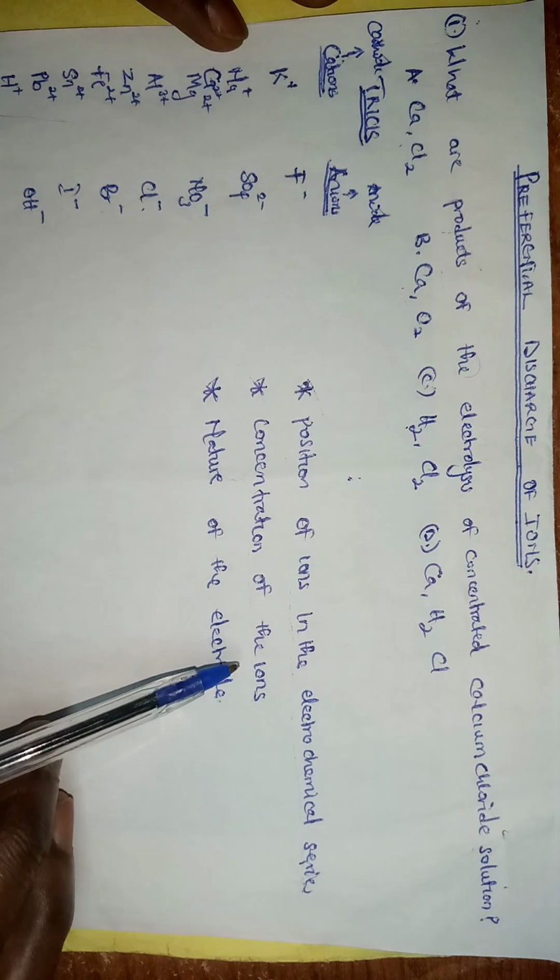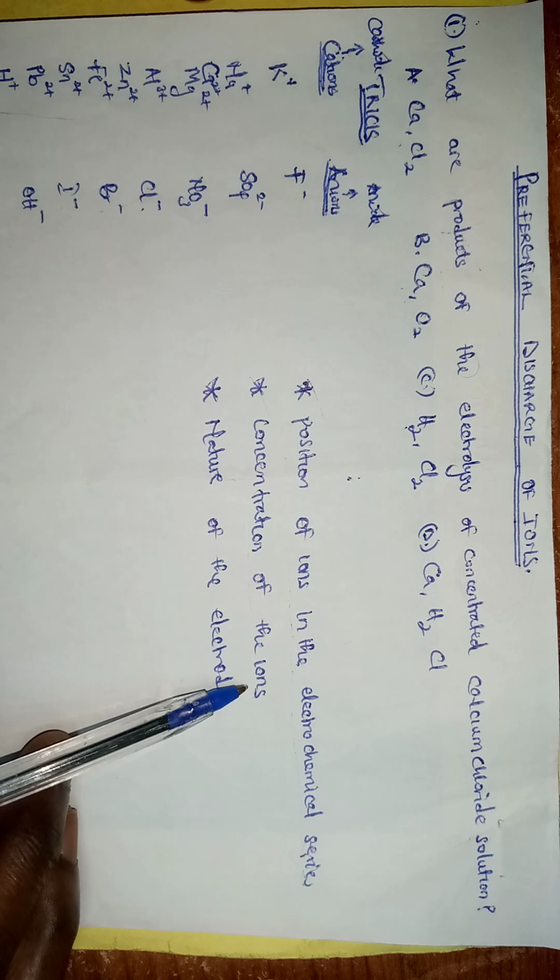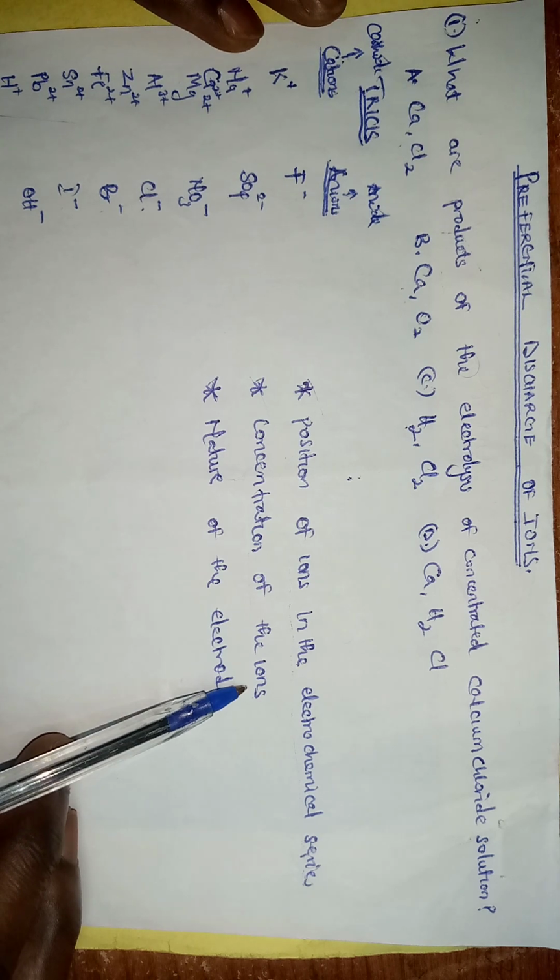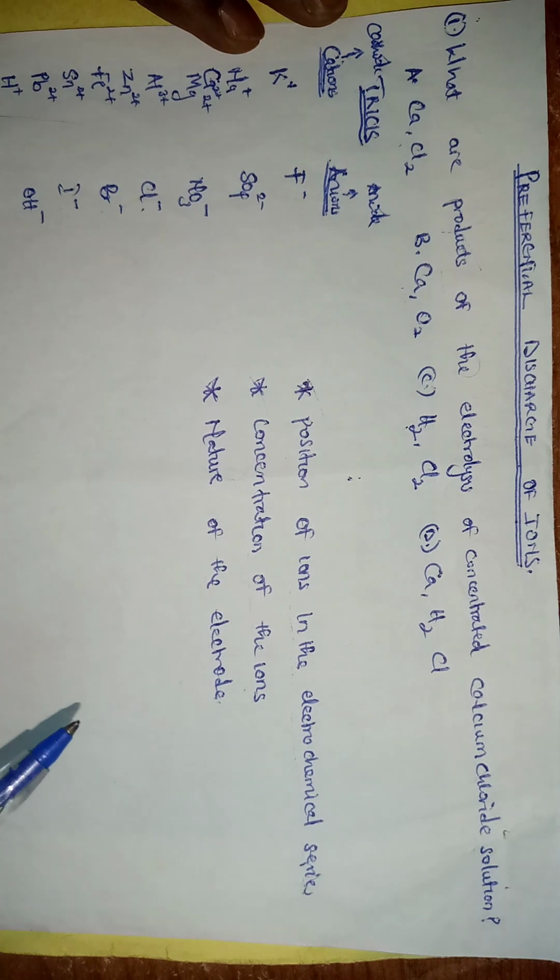When it comes to the concentration of the ion, provided that all other factors are constant, this factor is only effective if the two competing ions are closely positioned in the electrochemical series.